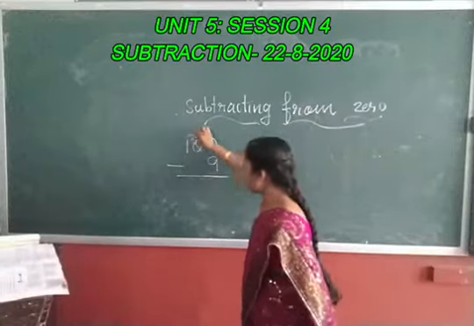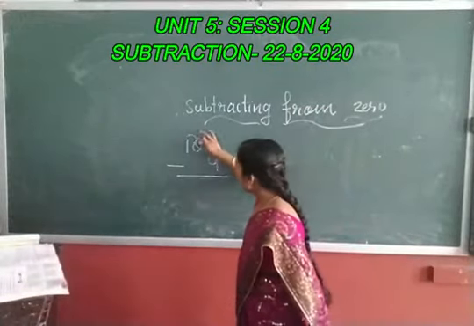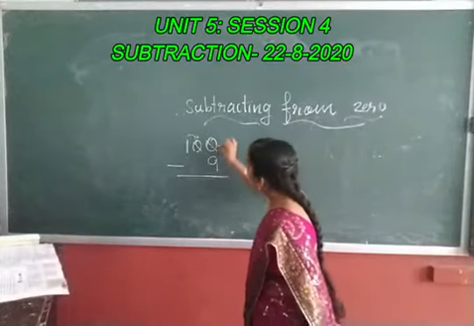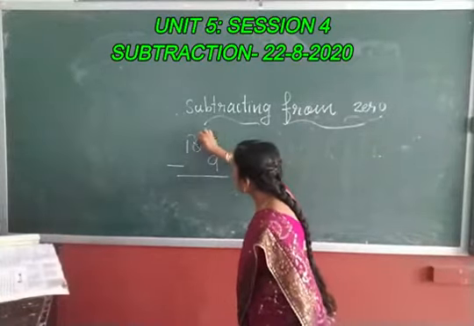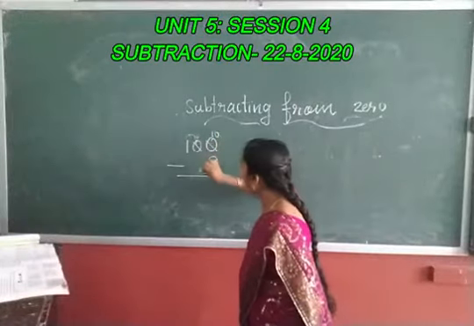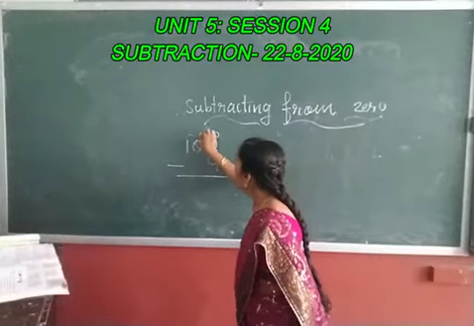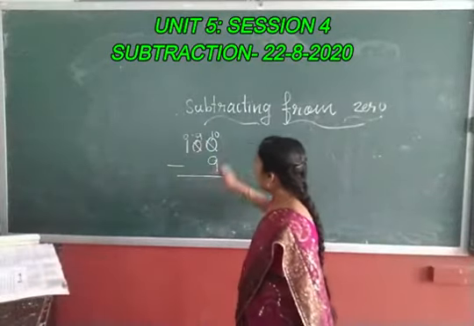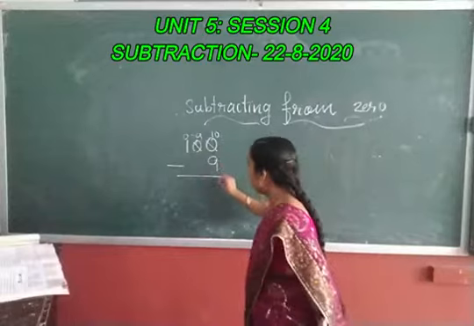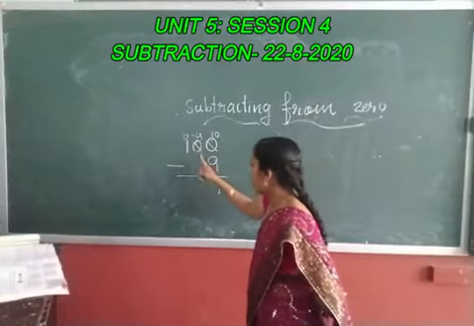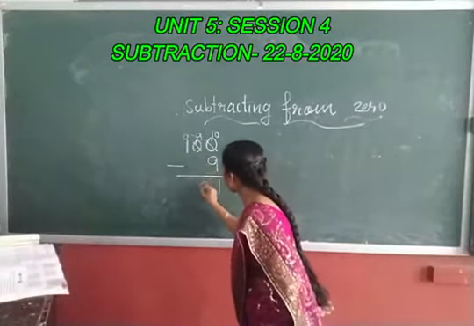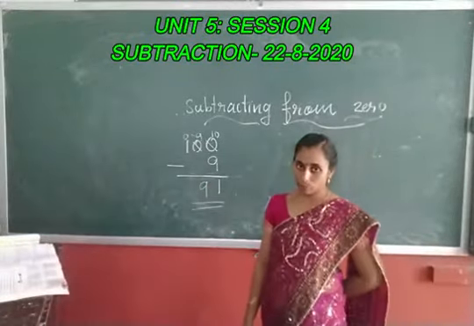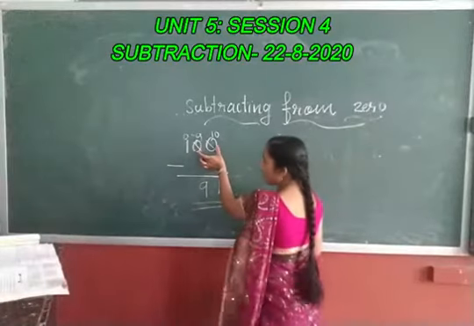First we borrow from this place, and it becomes 10. Then from that 10 we borrow to here. Here it is 10 and here it changes to 9. Here 0 will be there. 10 minus 9, 1. And 9 minus 0, nothing is there, so we write 9. Answer 91.